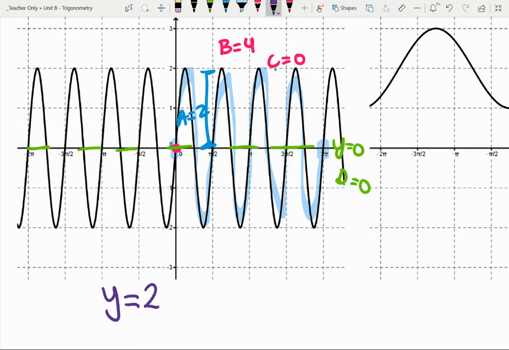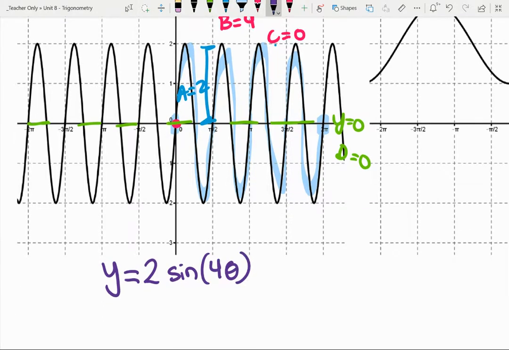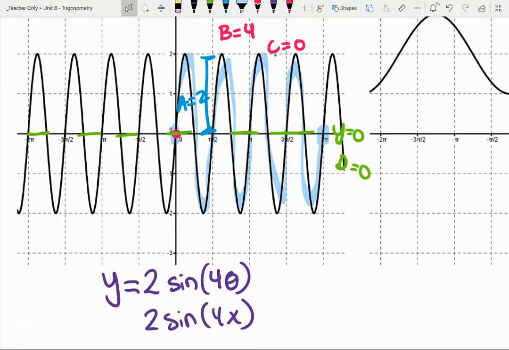It's going to be 2 sine of 4 theta, or 4x. Again, I'm not too worried about the variable you use there, but our 4 is in reference to our frequency, 4 cycles per 2 pi unit, or per 2 pi intervals, and an amplitude of 2.